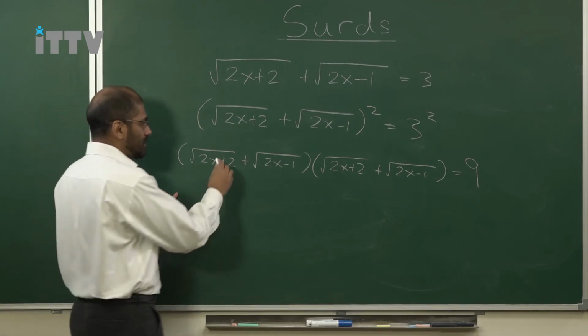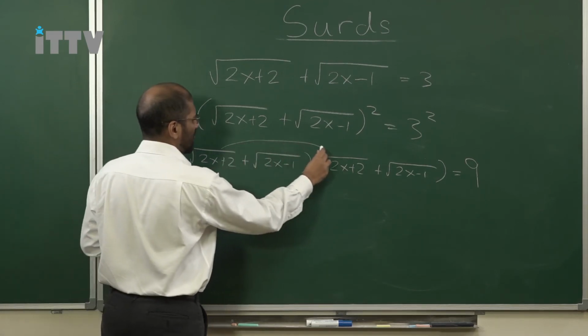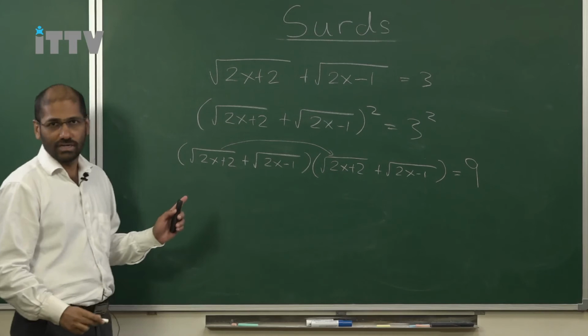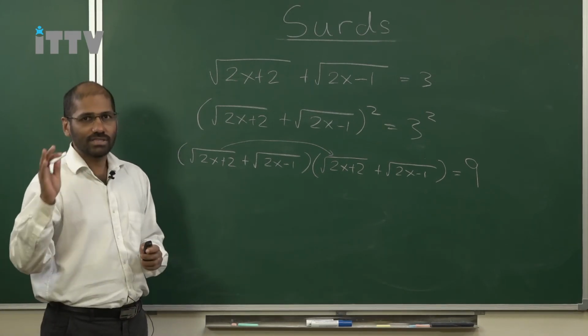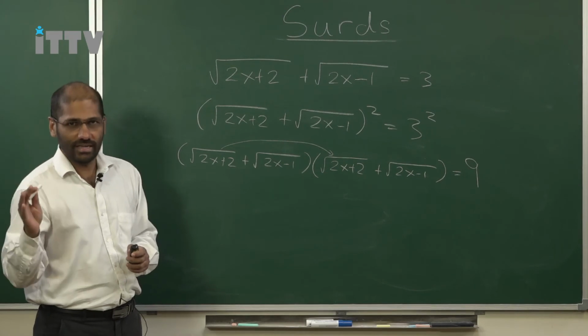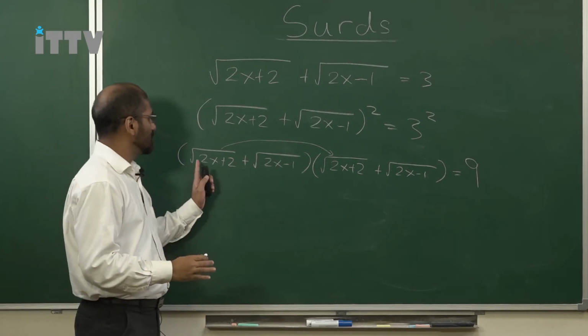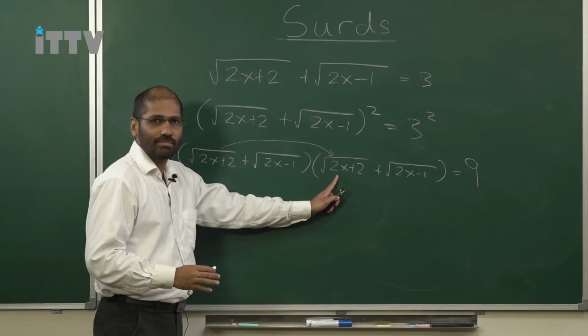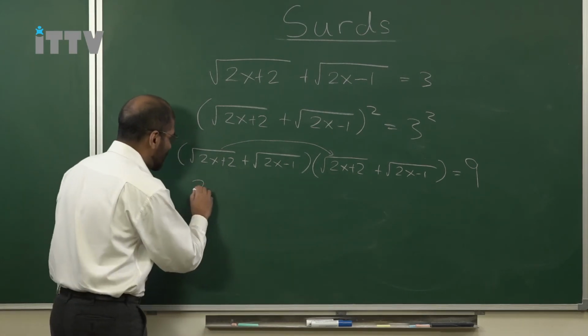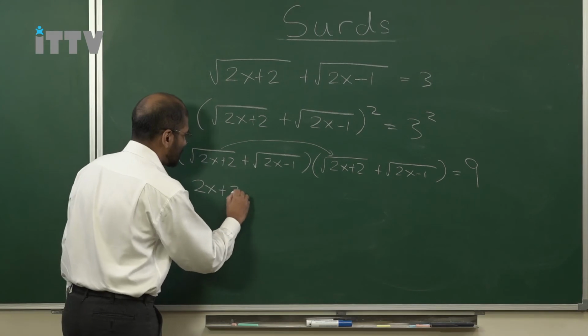Upon expansion, these two are exactly the same surds. Recall earlier on what we did. Surd A times surd A gave us just A. Same in this case, surd 2x plus 2 multiplied with surd 2x plus 2 would just give us 2x plus 2.